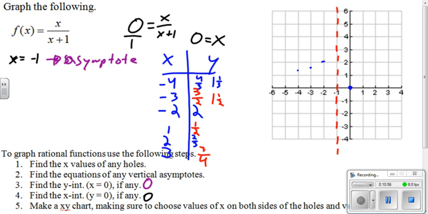On the right side of the asymptote, we have 1/2, 2/3, 3/4. So it looks like we're getting bigger there. We know that we're going to get very, very close to this vertical asymptote, but never touch it.